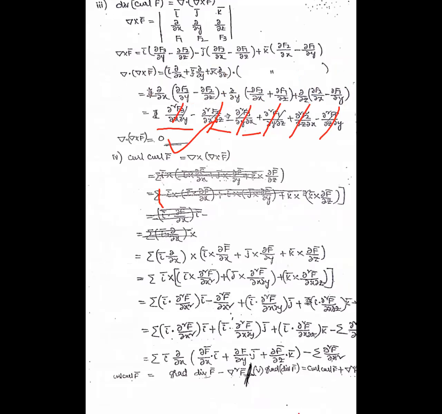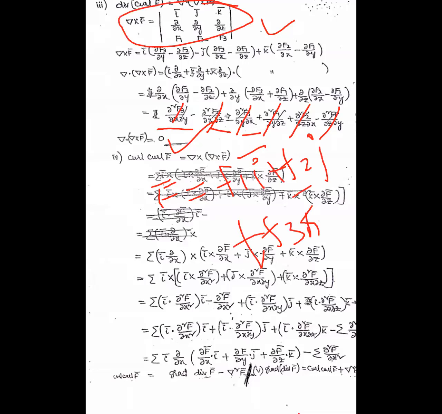So first we find the value of curl f bar. Here f bar is a vector, but f bar is not given. Let us assume f bar equals f1 i bar plus f2 j bar plus f3 k bar. After finding the curl f, we apply the div. Div means del dot, and del dot means multiplying corresponding terms.